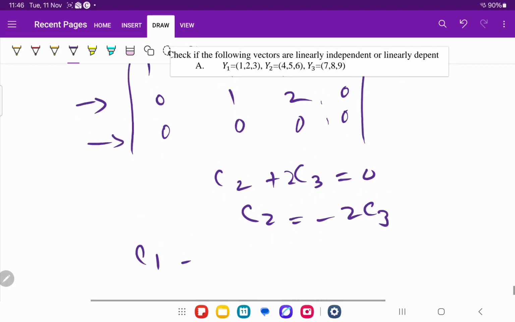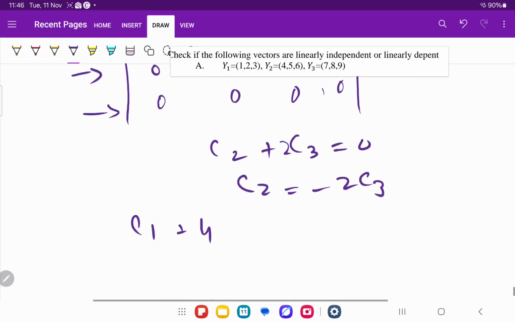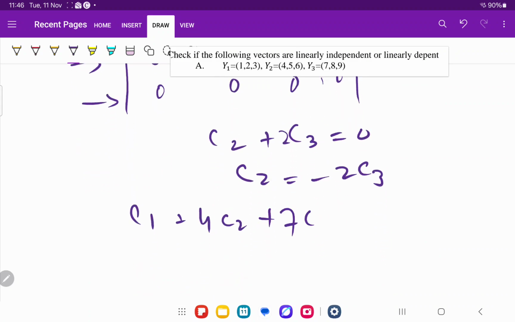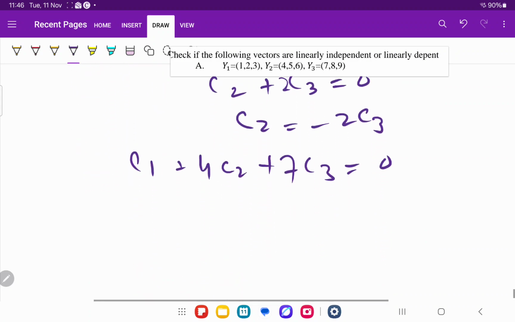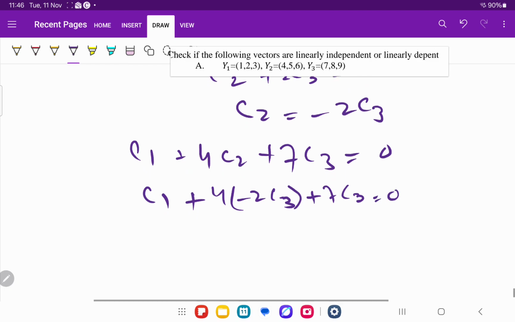And from the first row, C1 plus 4C2 plus 7C3 equal to 0. So it means that now we can put the value of C2, which is equal to minus 2C3, so 4 into minus 2C3 plus 7C3 equal to 0.